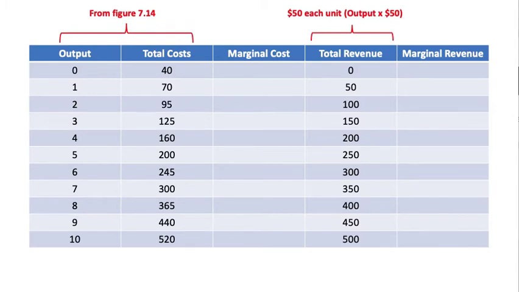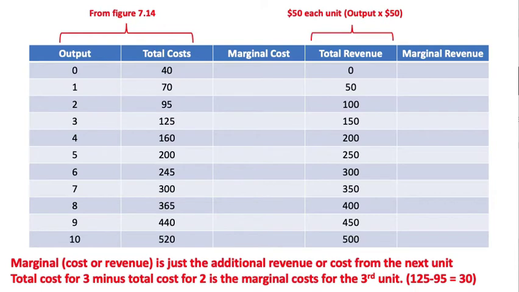The next part, which is the difficult part, is to figure out what is marginal cost and what is marginal revenue. We know that marginal cost or revenue is just the additional cost or revenue from the next unit. So if you look at the total cost for 3, which is 125, and the total cost for 2, which is 95, the marginal cost for that third unit is the additional cost.